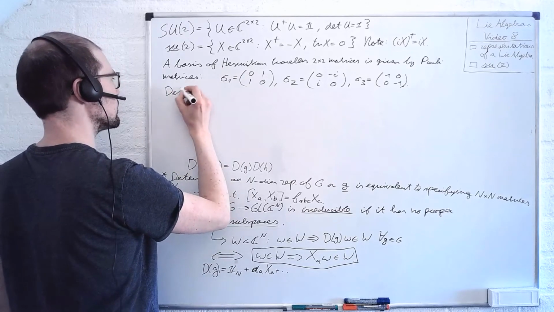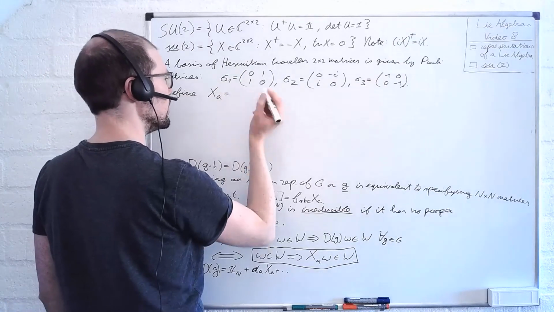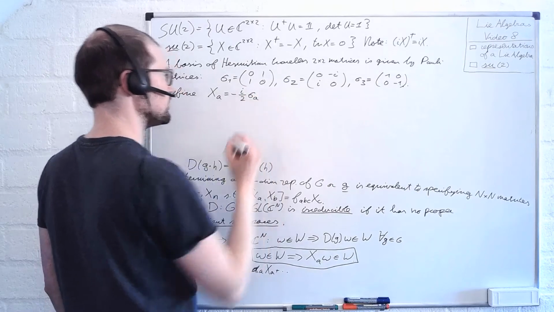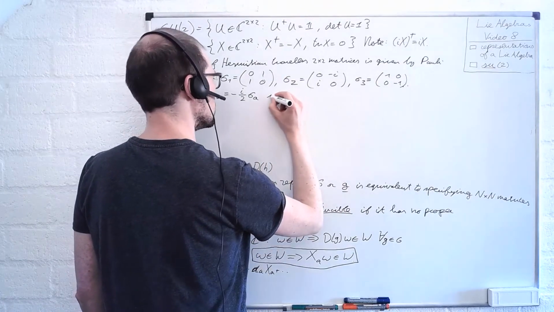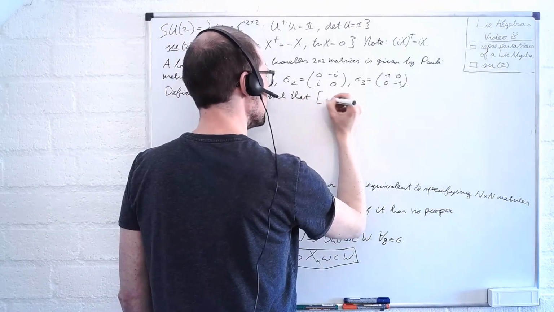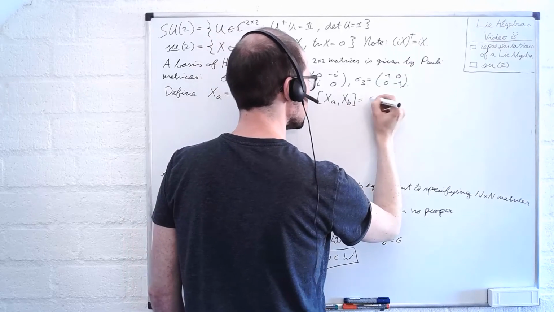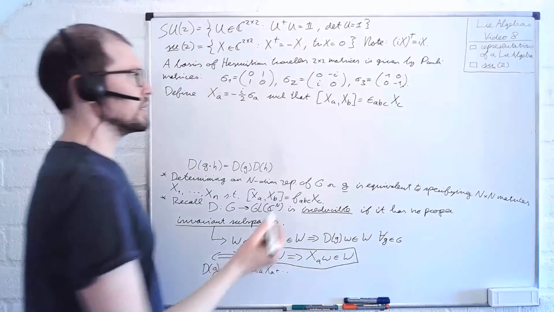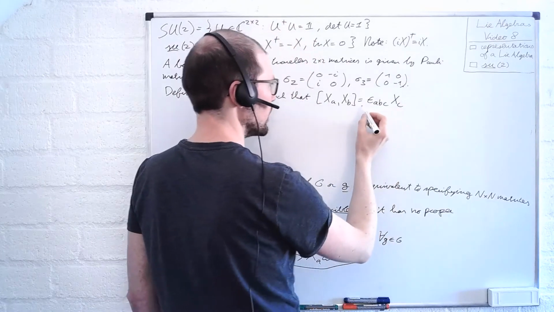So we define x_a by convention to be minus i over 2 times sigma_a. And this convention is chosen such that the structure constants take a nice form, namely, if I look at the commutator of x_a and x_b, it gives you exactly as structure constant the completely antisymmetric symbol epsilon_abc.